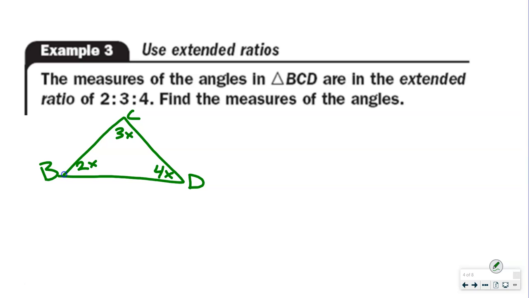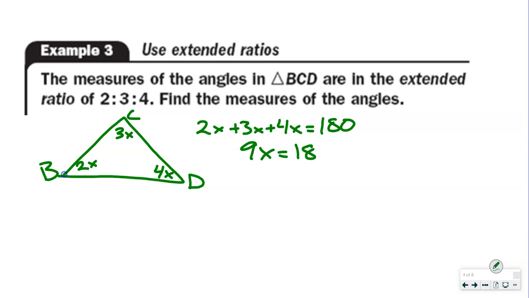Now we know all three angles of a triangle add up to 180. So if I have an angle of 2x plus an angle of 3x plus an angle of 4x, I know they will equal 180. So 2x plus 3x is 5x, plus 4x is 9x.